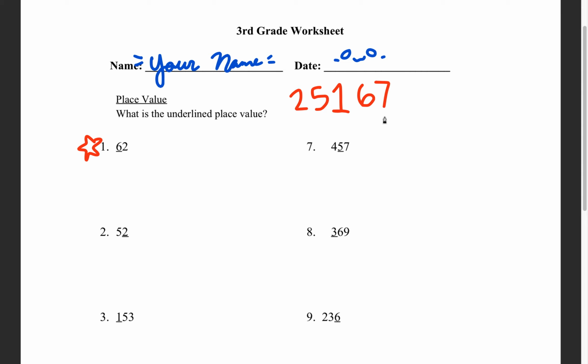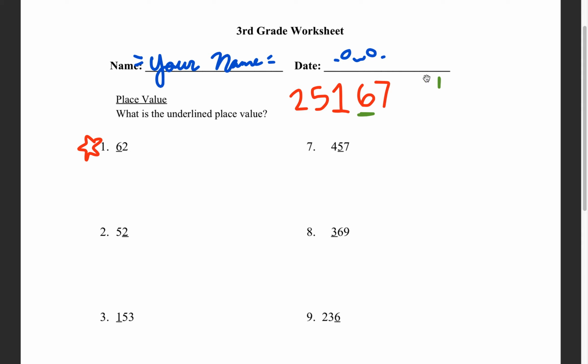So when you start, you just start by ones. This is the ones place. This here is the tens place. Usually represented, if we're using basic tiles, ones is usually like a block or a dot.